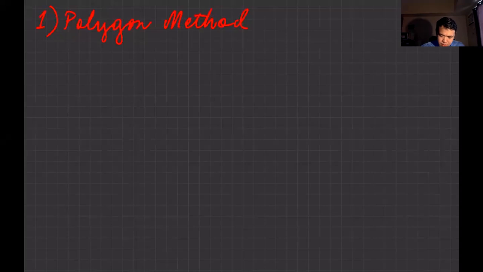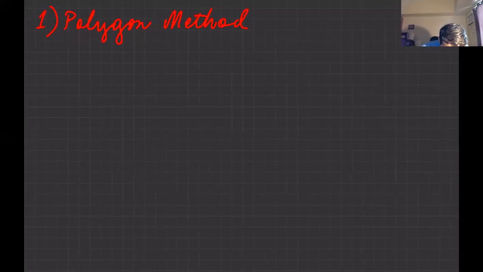Let's start with the polygon method. In the polygon method, you draw the vectors in such a way that they connect the lines. So let's have one vector. Let's say this is your vector A. Okay, it's a straight line.